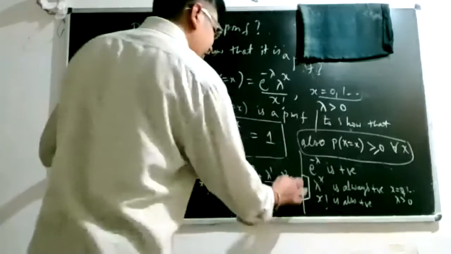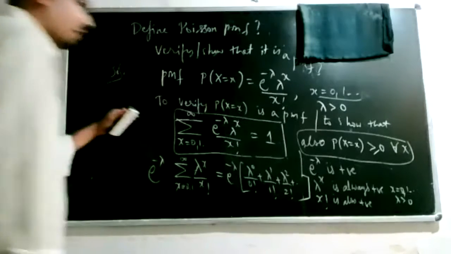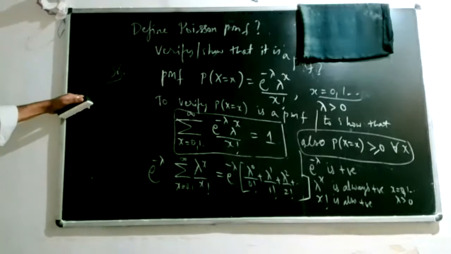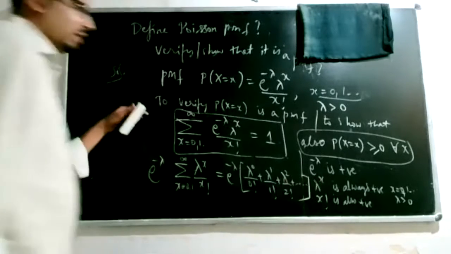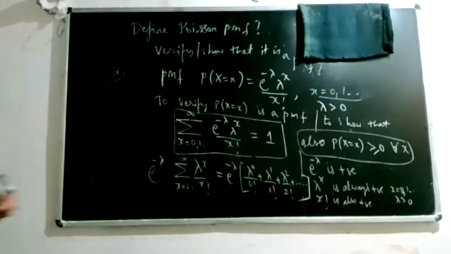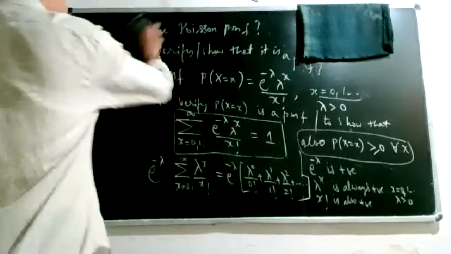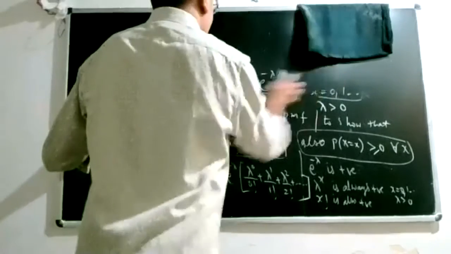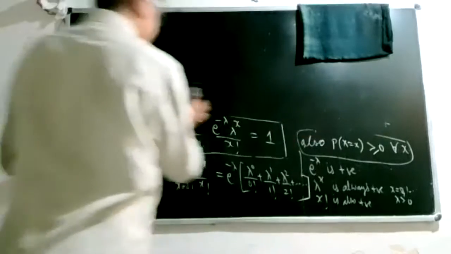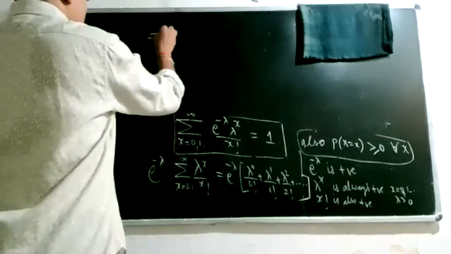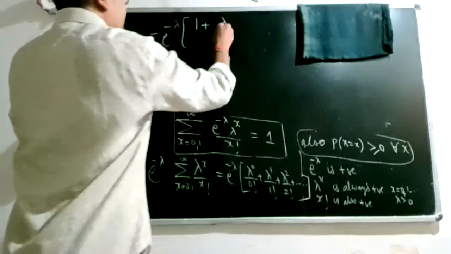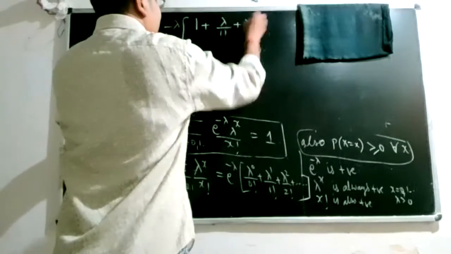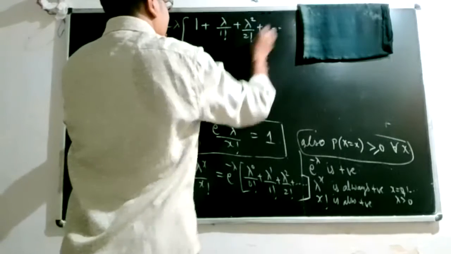Up to infinity, lambda power infinity by infinity factorial. We usually don't write that. We just say the sum carries up to infinite terms. Now if you look at what you have received after expanding the sum, it is a familiar series, which is 1 plus lambda by 1 factorial plus lambda square by 2 factorial and so on.